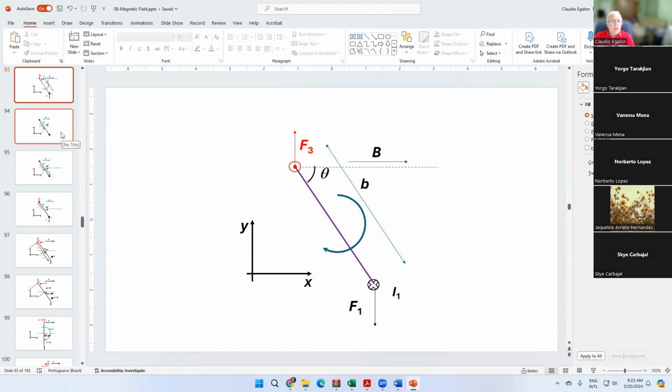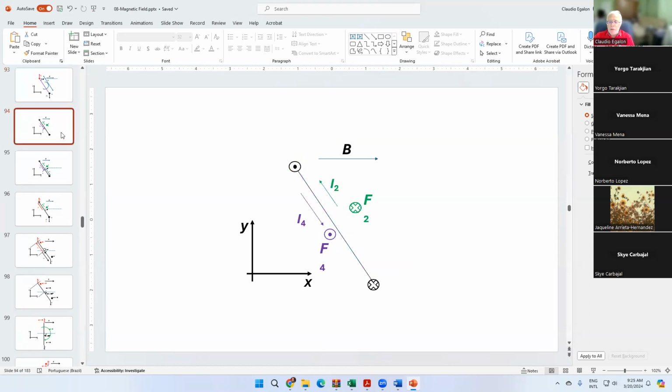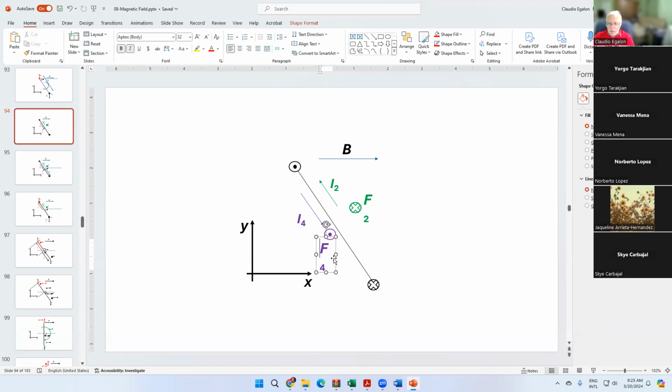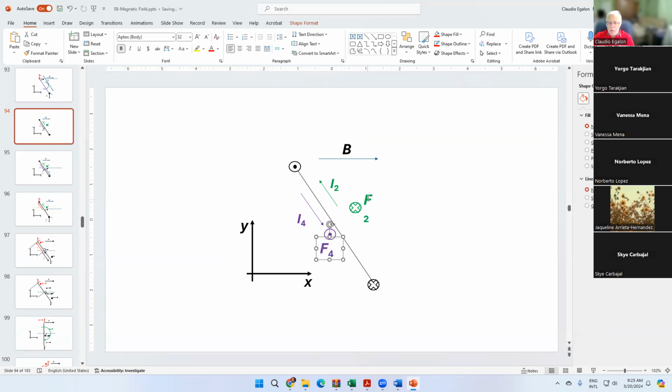And now we are going to see whether the currents in the other two directions produce a torque in the loop as well. Here is the force on wire 4. Here is the force on wire 2.